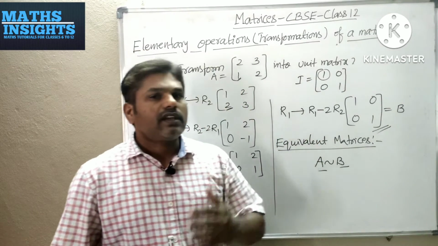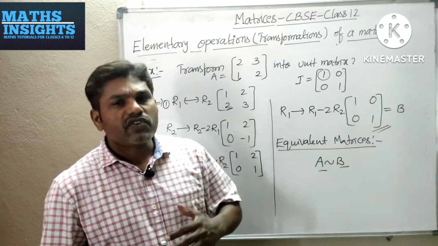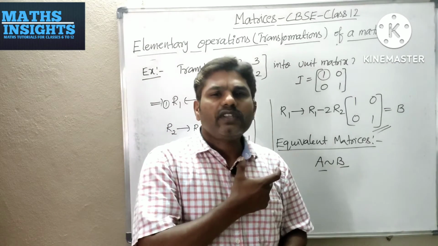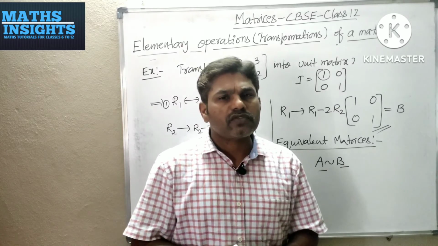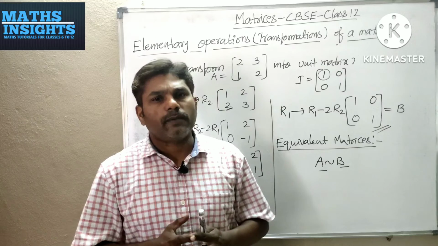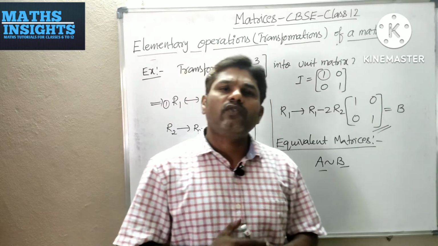So these are the elementary row operations or column operations. These are very useful. We will deal with these operations in the coming videos for finding the inverse of a non-singular square matrix. So I hope this is helpful to you.